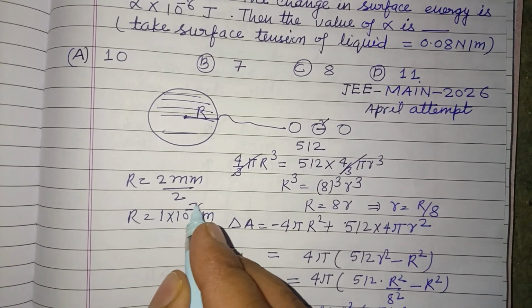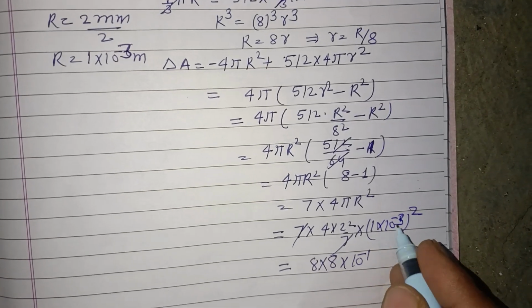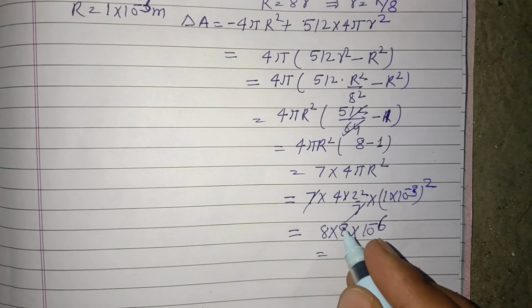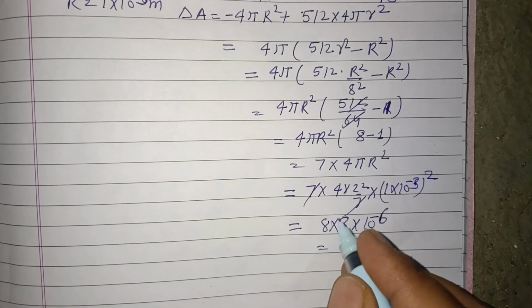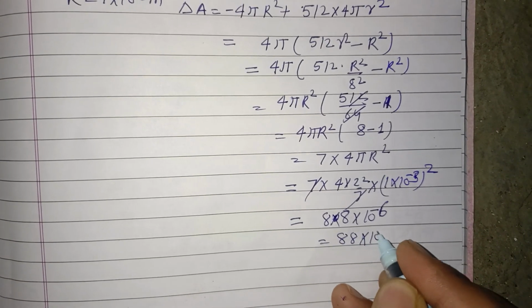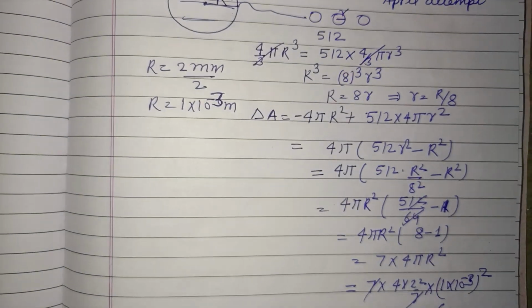Millimeter is changed to meter, therefore 10 to the power minus 3, not 10 to the power minus 6. So 10 to the power minus 3 squared becomes 10 to the power minus 6. So this is 88 into 10 to the power minus 6. This is area, in meter square.